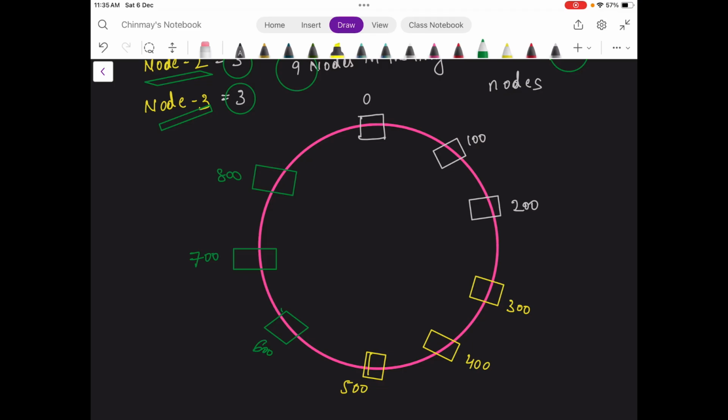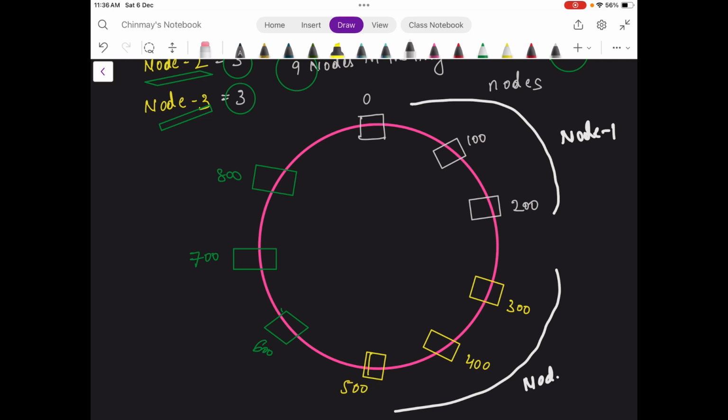But the storage will be the same. These will be mapped to node 1, these mapped to node 2, and these will be mapped to node 3.